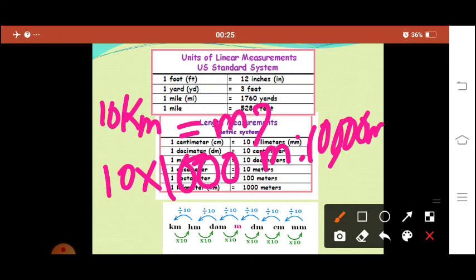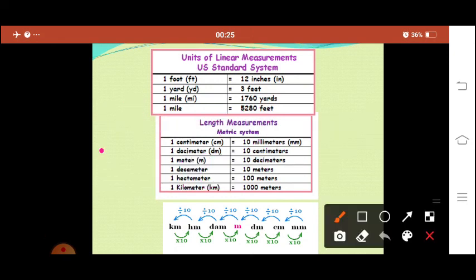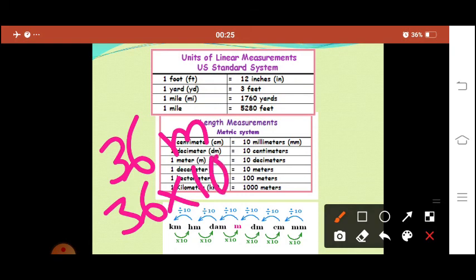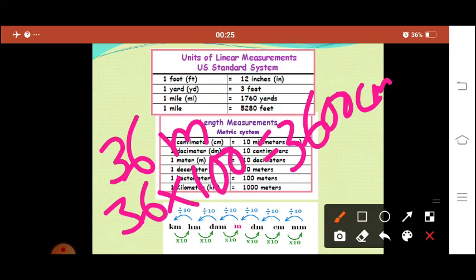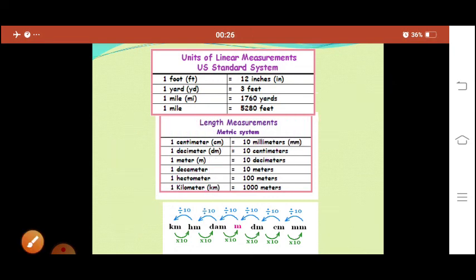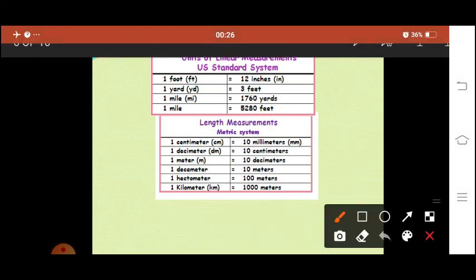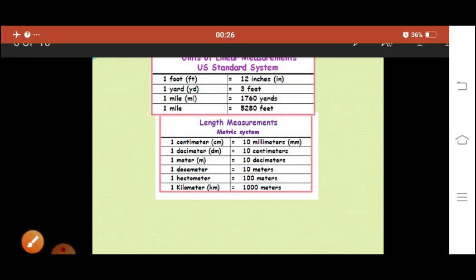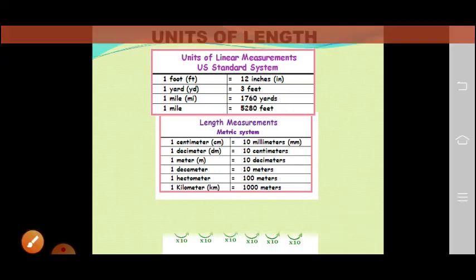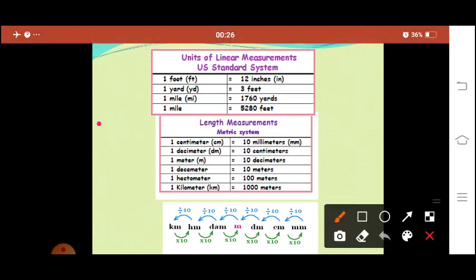If I tell you 36 meter, convert it into centimeter, what you will do, 36 into 100 equal to 3600 centimeter. Similarly, if I have millimeter to centimeter, 5 millimeter has to be converted.